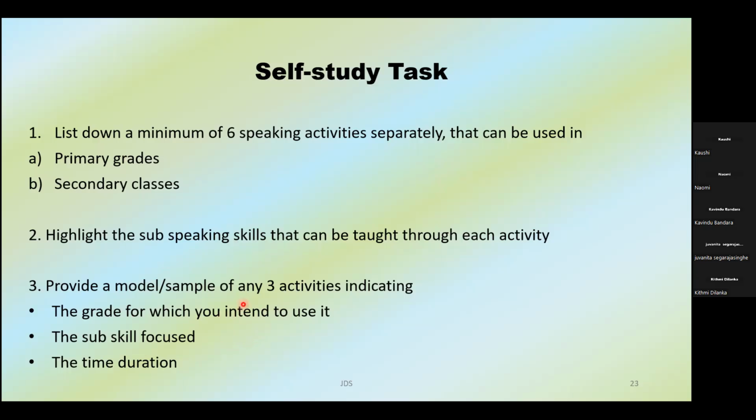Provide a model or a sample of any 3 activities indicating the grade. If you are planning to do a discussion activity, you need to mention the grade. It can be grade 8. You have to mention the sub-skill that is focused through that discussion, like agree, disagree, or putting forward a suggestion, and the time duration that you are going to take.